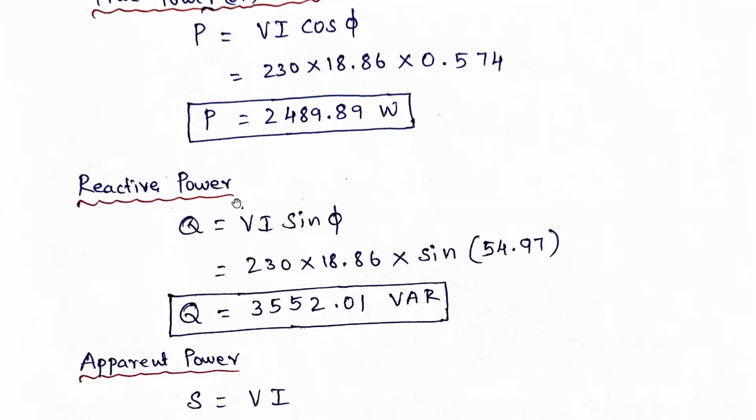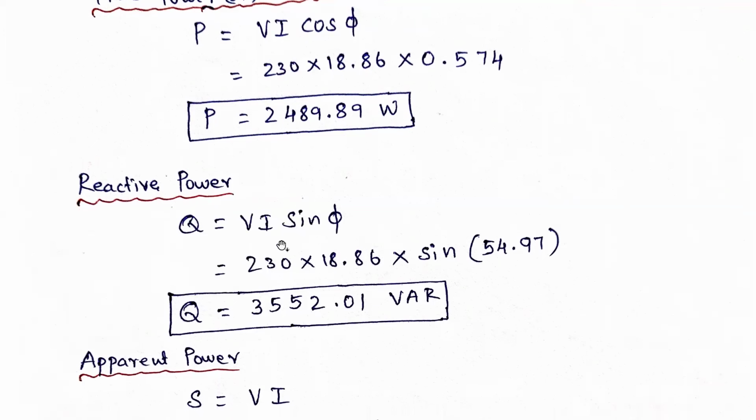Reactive power is VI sin phi. Phi we know, so substituting 54.97 and simplifying, we get Q as 3552.01 VAR. The unit of reactive power is volt-ampere reactive.